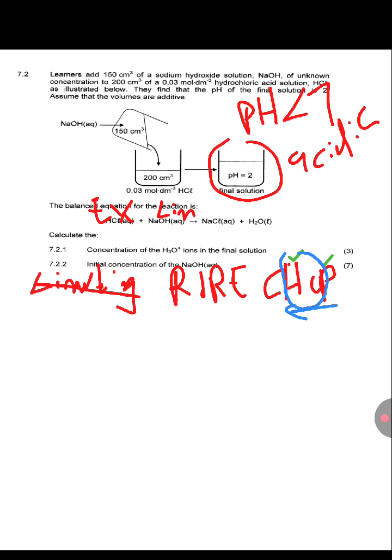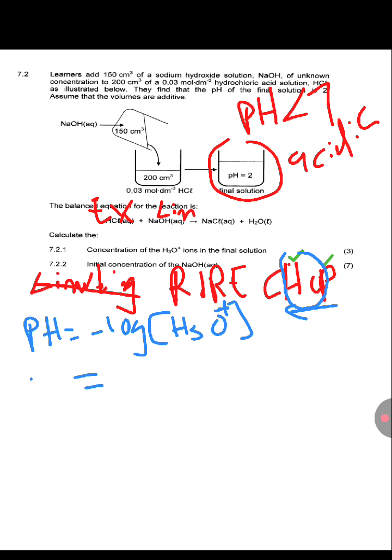We say, all right, the pH is equal to negative log concentration of hydronium ions. Okay, now we know what our pH is. That is 2. Negative log concentration of hydronium ions.